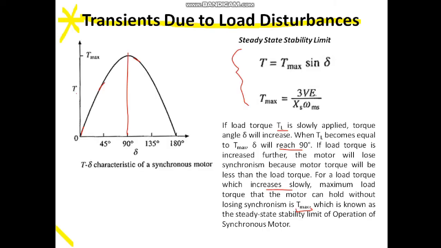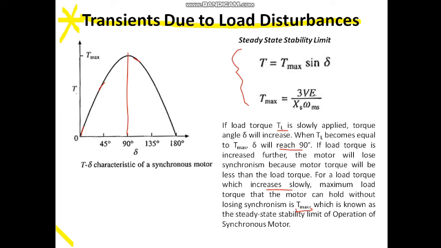Next, moving on to dynamic stability. If a load torque TL is applied suddenly, then a motor may lose its synchronism, even if the load torque is less than the maximum torque the motor can develop.